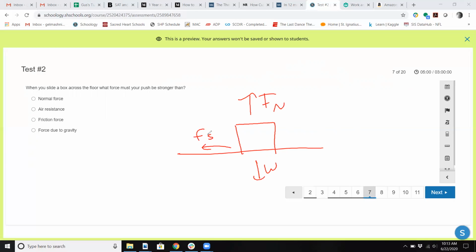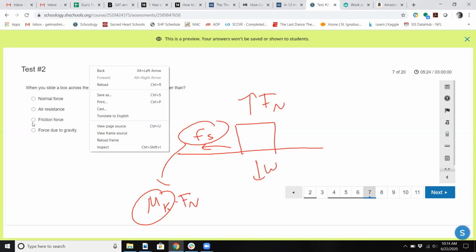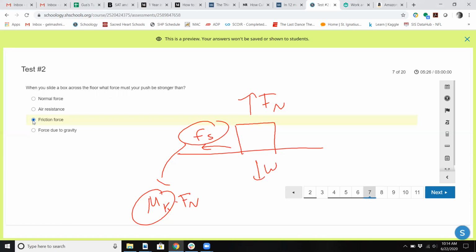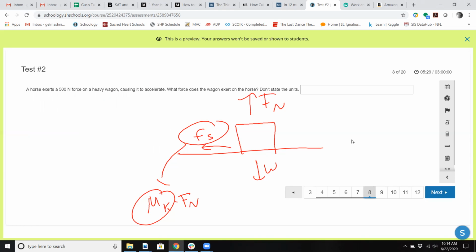So to get it to move, the force has to be stronger than the friction force. Now, the friction force is a function of normal force, and normal force is a function of weight. But because you have that coefficient there, we don't know what that is. That's why we just say the friction force. So you've got to be bigger than that, for sure, to get it to move. So that was also conceptual.